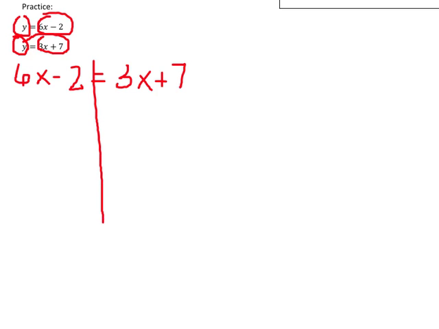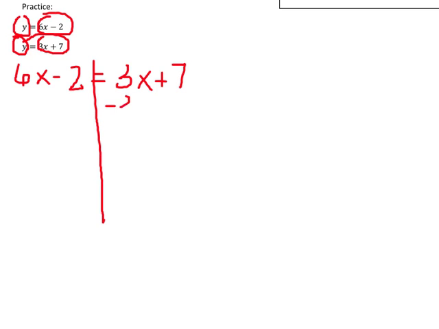So this time, what I'm going to do is I'm going to put the 6x minus 2 in for this circle, and then I can solve it like that first review problem I had. So now I'm going to put 6x minus 2 in for that y value. So I get 6x minus 2 is equal to 3x plus 7. And I'm going to draw my line and solve.